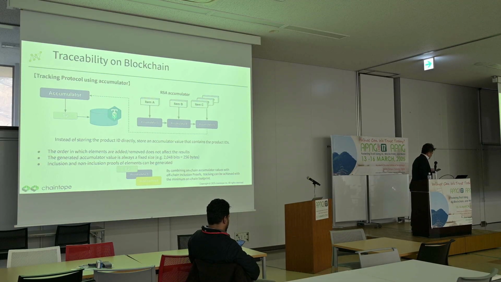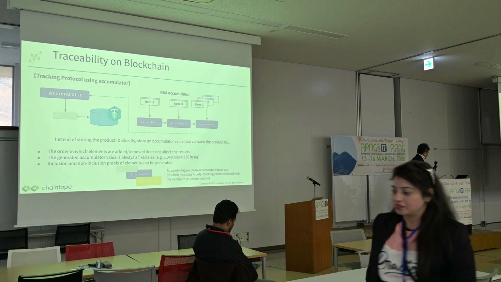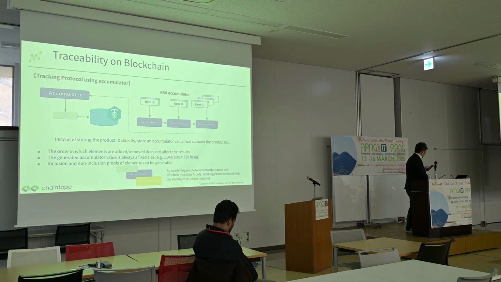The advantage of using the RSA accumulator is that the order in which elements are added or removed does not affect the result. The generated accumulator value is always a fixed size, like 2048 bits, very small. Inclusion and non-inclusion proofs of elements can be generated.